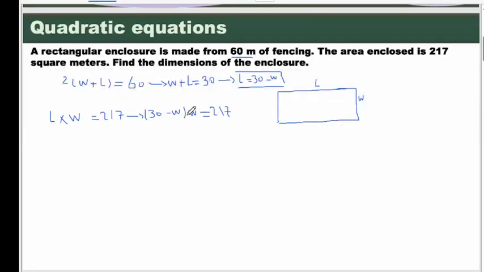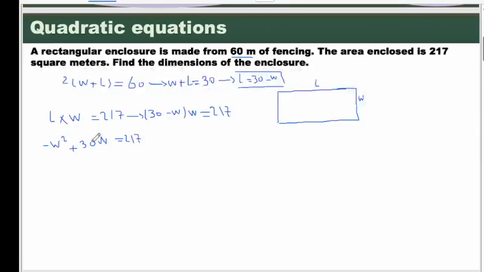Distribute this W inside the parentheses, so it would be negative W squared plus 30W equals 217.